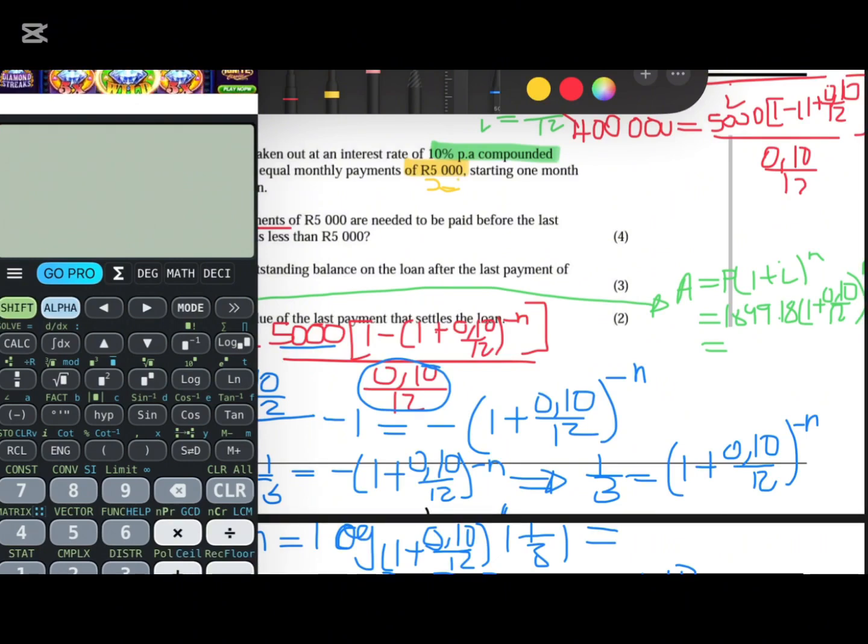Then you should be able to get the amount that this person will pay the following month. The last payment that he's going to make to the bank will be 1,915.01.